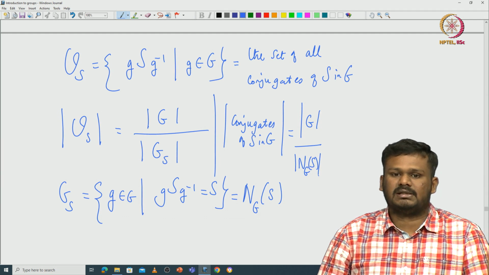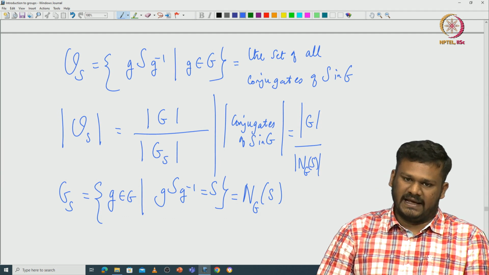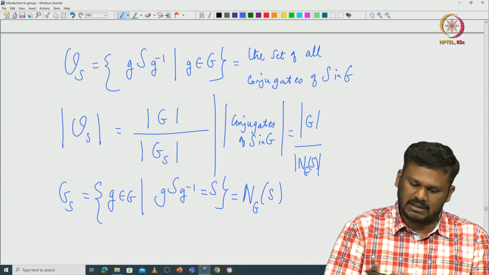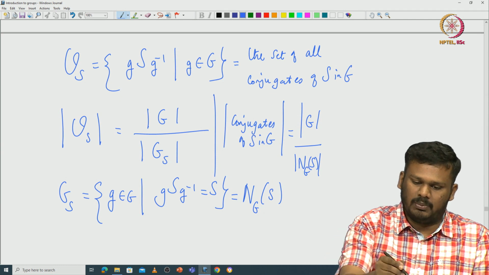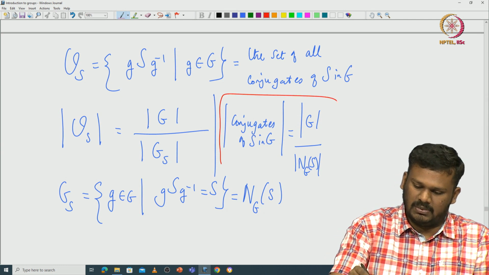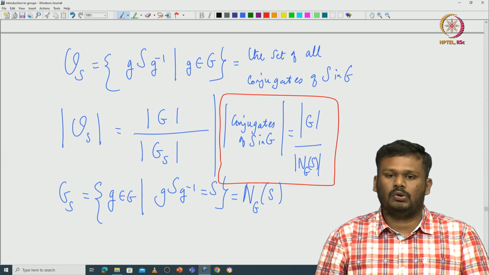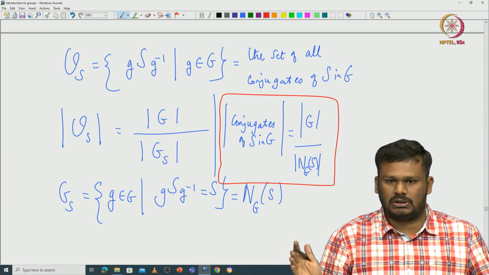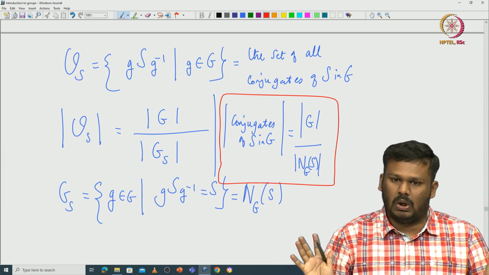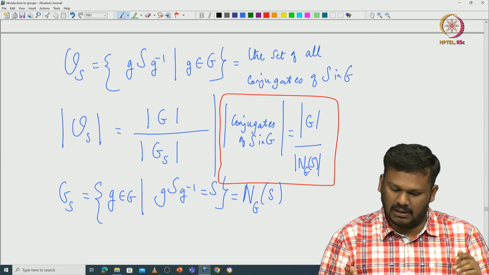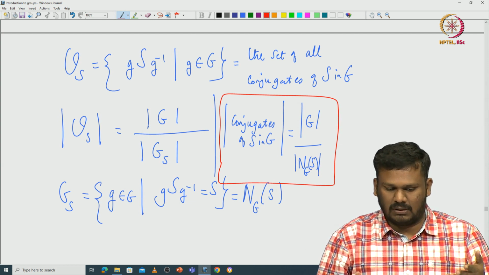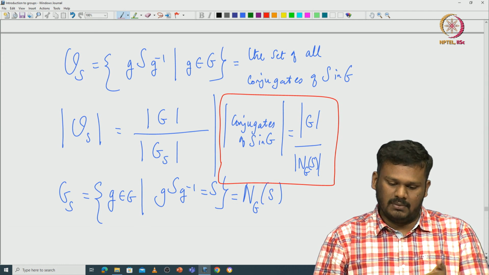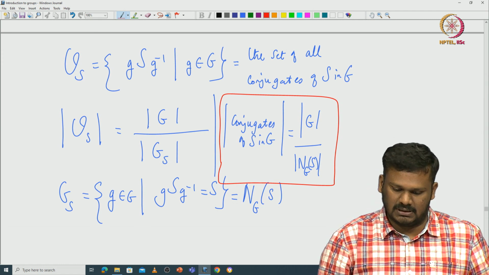This is something one can directly prove, but it can be obtained as an application of the orbit stabilizer theorem.